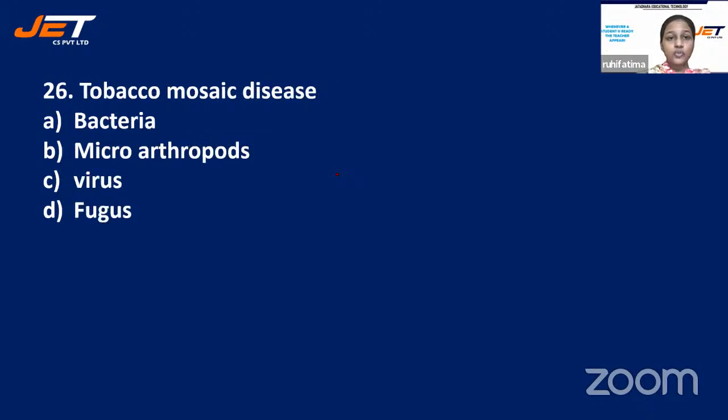All right. Tobacco mosaic disease is a bacterial disease, microarthropods, virus, or fungus. Come on, students. This is a plant disease, tobacco mosaic disease. Given one hint.